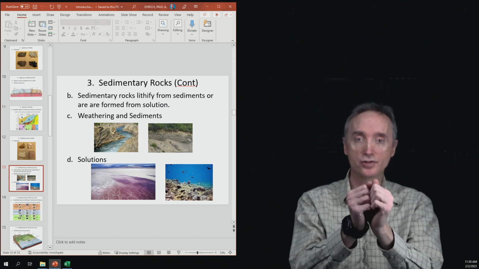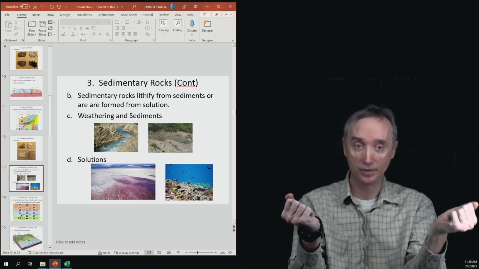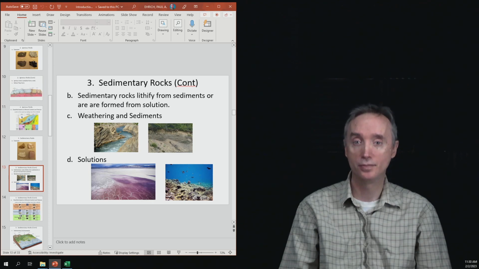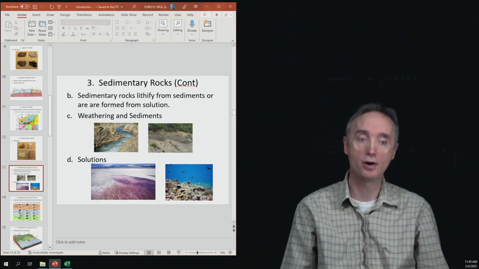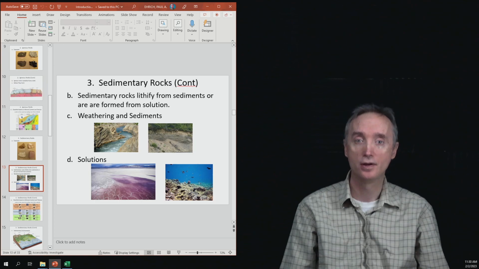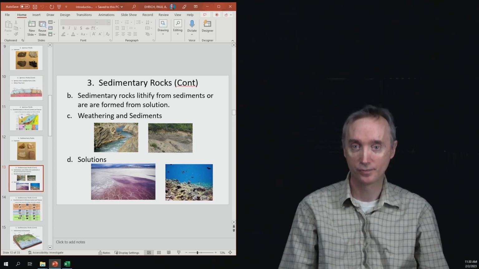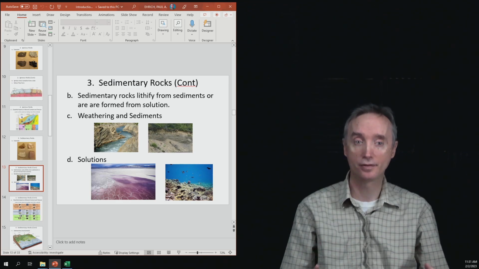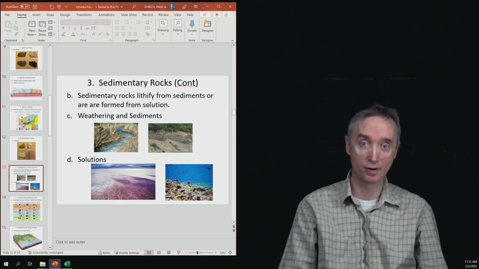And so it could just cause the rock to fall apart into smaller rocks, or it could start to chemically alter the rock so that the minerals in that rock start to change. Well, one way or another, the rock falls apart into smaller pieces, which we're going to call sediments. Okay, then those sediments can be transported to a place where they accumulate, and then they can be lithified and turned into a sedimentary rock.